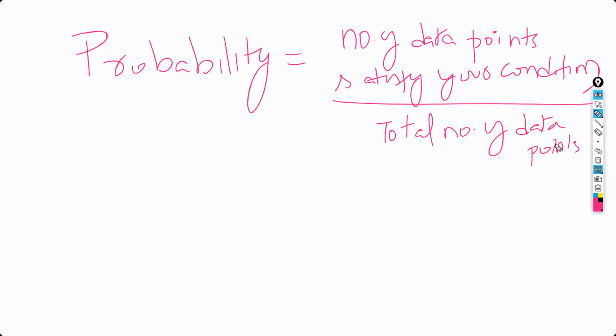The number of data points that satisfy your requirement or condition, divided by the total number of data points, is called probability. Right?